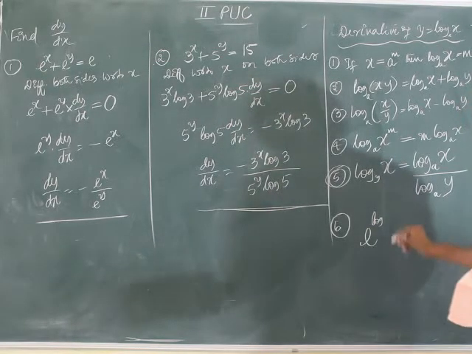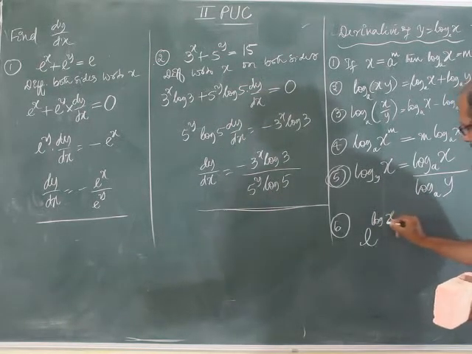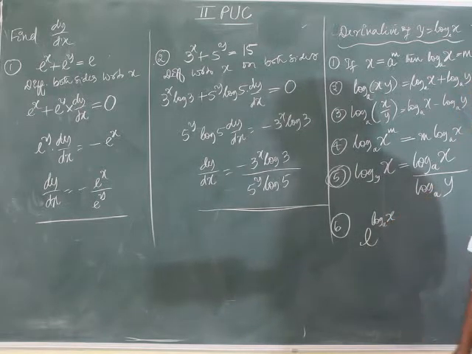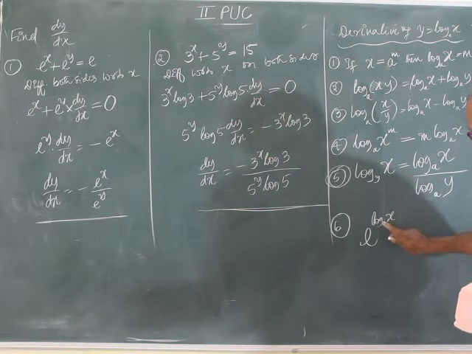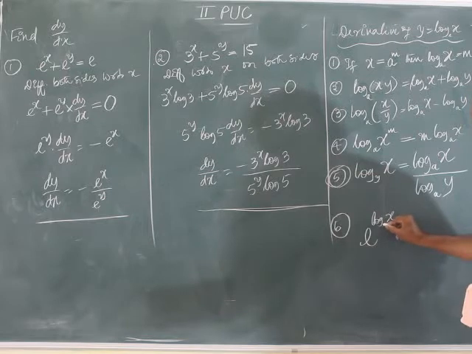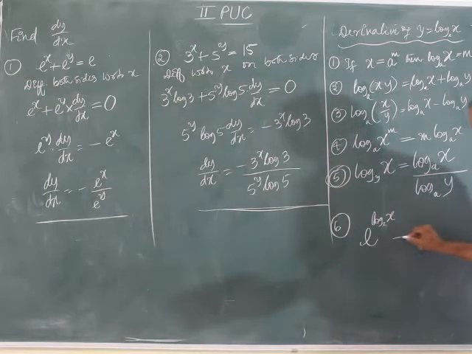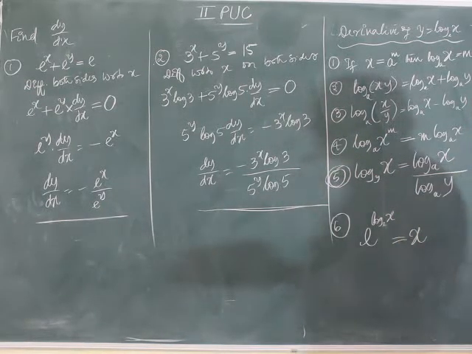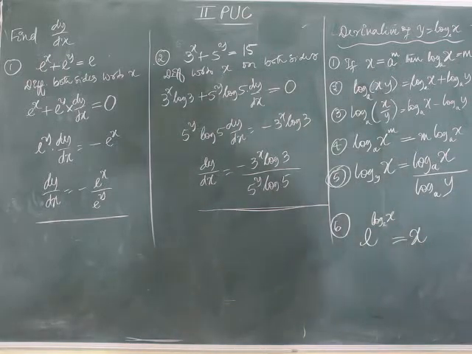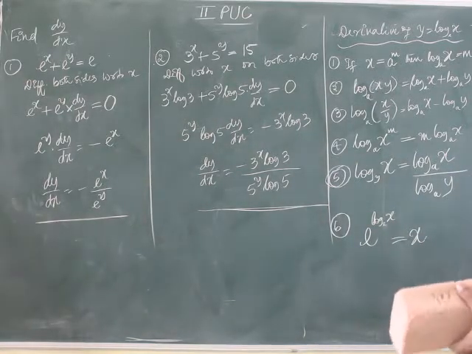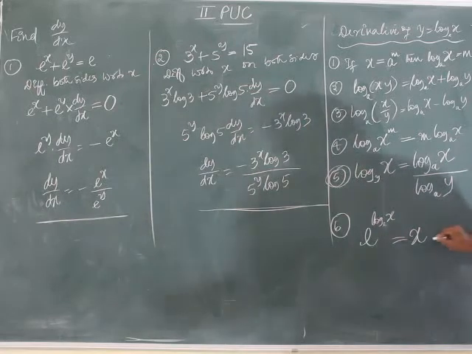E to the power log x base a, whatever may be the base. Base e: e to the power log x to the base e. The answer is x only, because e to the power and log are reverse processes. They cancel.